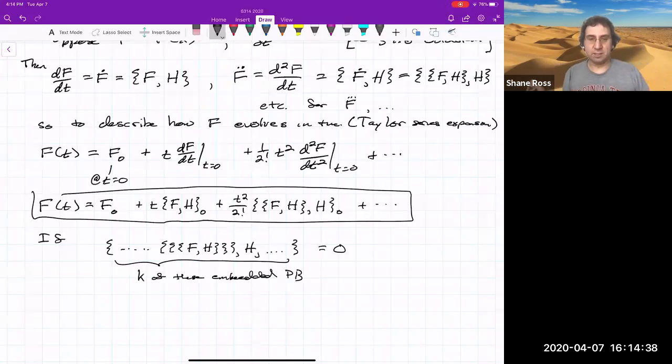So if there's k of these, then the series truncates, as all the higher order terms would also be 0.